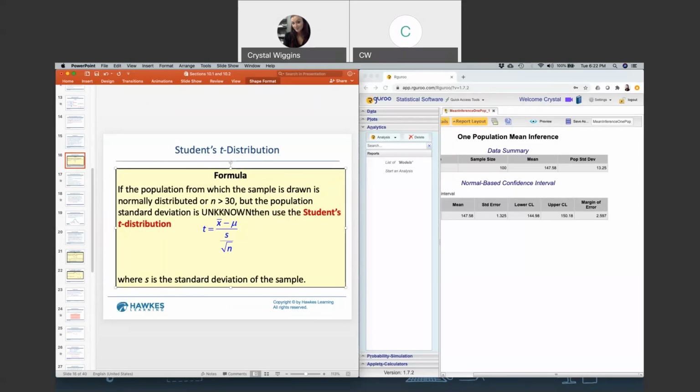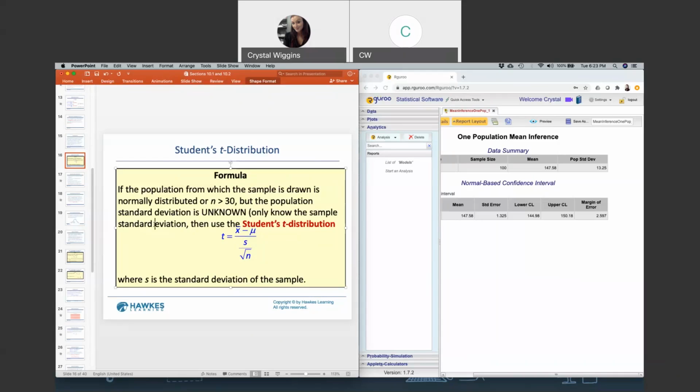If the population standard deviation is known, then you always use a z. But if we do not know this population standard deviation, and I should put in parentheses because students always see a standard deviation and assume we know sigma, not true. We only know the sample standard deviation. So we're always going to know a standard deviation.